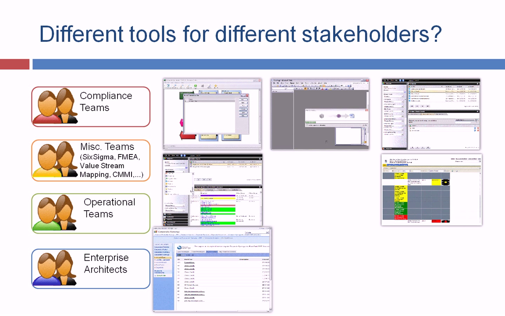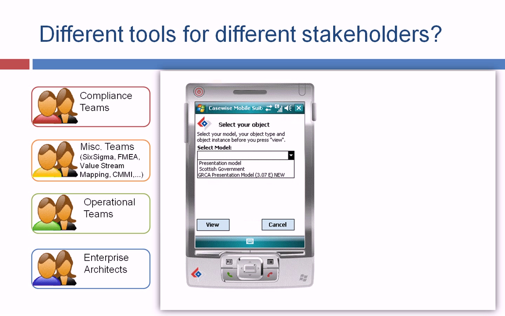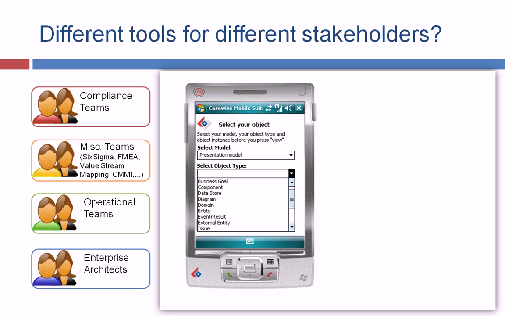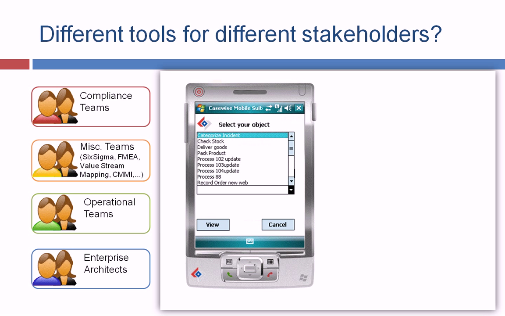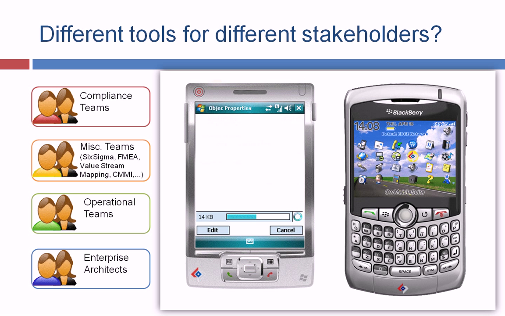Another little example is a proof of concept that I've created as part of Windows Mobile 6 with a little emulator. It's actually accessing the same set of information that we have just created before via a mobile phone. So that's using actually web services, and you can see you can scroll through the different object types and we can view this information.